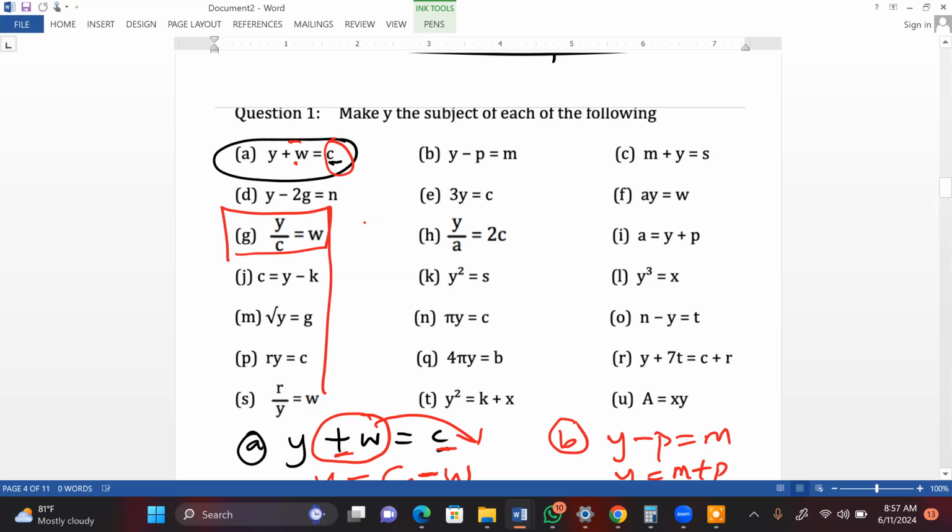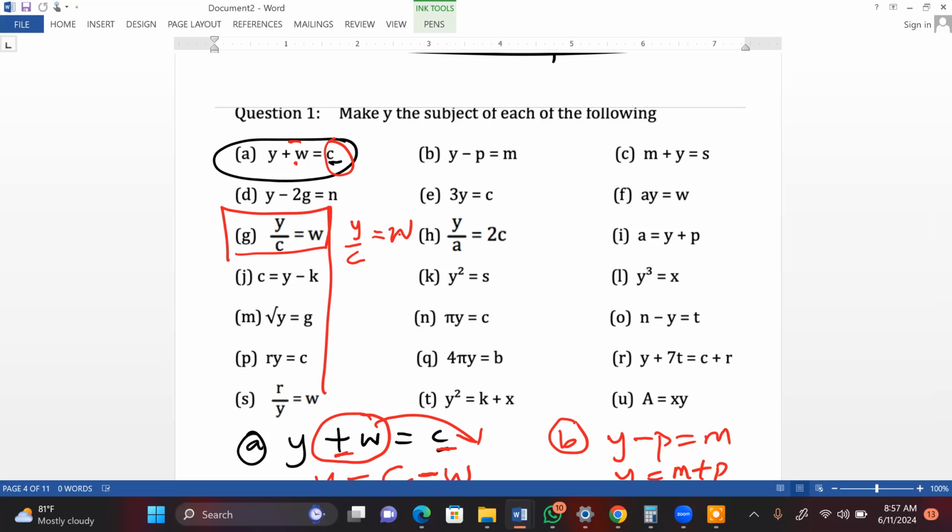Y all over C equals W. So we want Y to stand alone. And what is disturbing our Y here is C. So how are we going to remove C?